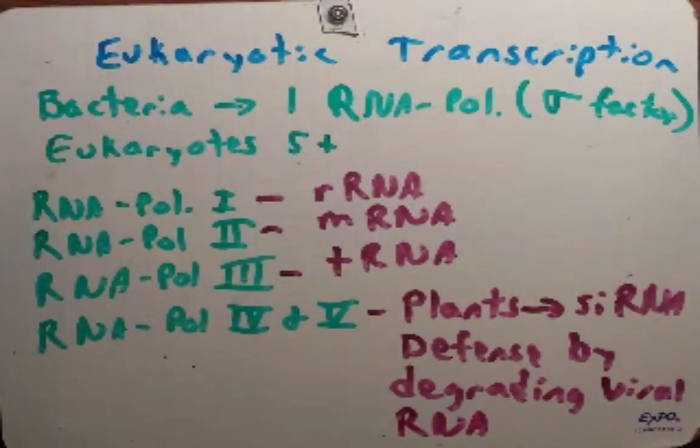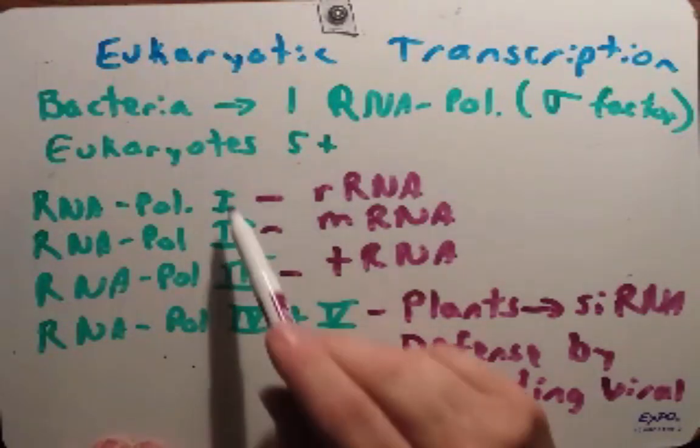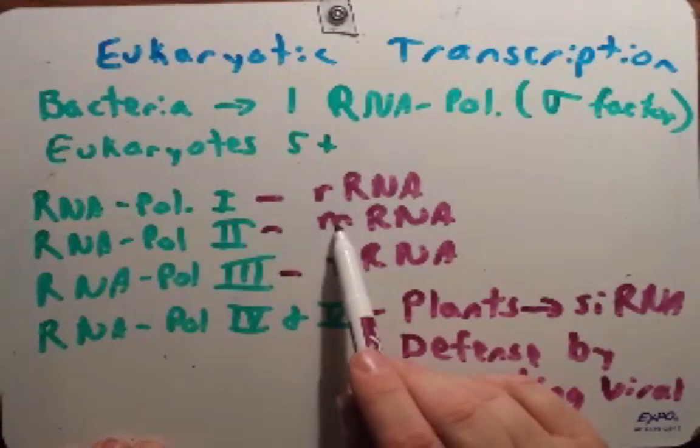So an RNA virus attacks a plant cell. The plants have this mechanism of having RNA polymerase 4 and 5 produce this RNA molecule that will bind to the viral RNA and then degrade it. It's a much more elaborate pathway than the way I just described it. But for now, just know that these siRNA will bind to the viral RNA and target it for destruction, thereby protecting the plant.